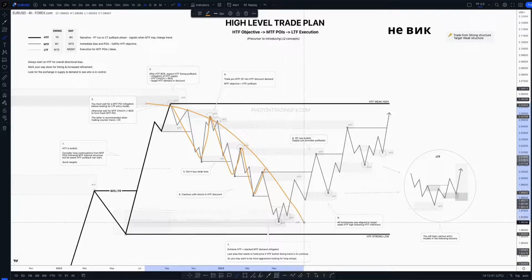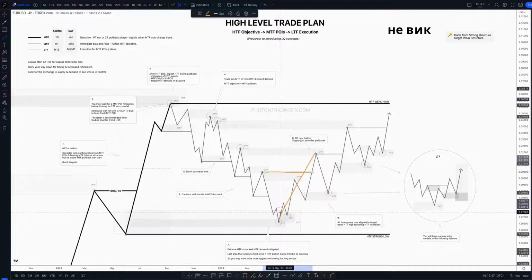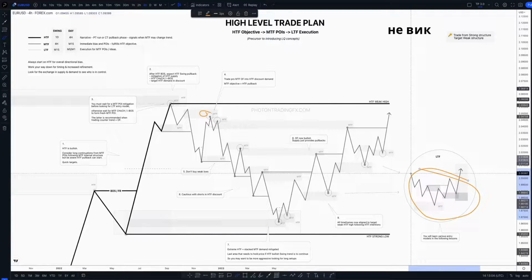To facilitate the larger pullback. Likewise, when the medium time frame shifts bullish here, why? Because its objective is to now fulfill the pro trend run of the higher time frame to target that week high. Okay. And then that whole time, all of these medium time frame POIs and prices coming into them, we can look to trade them, but with our lower time frame execution.